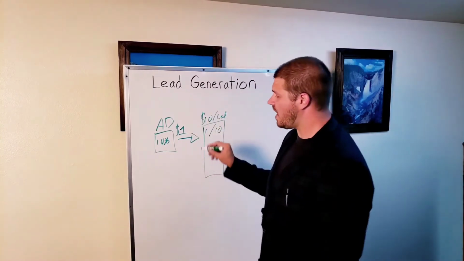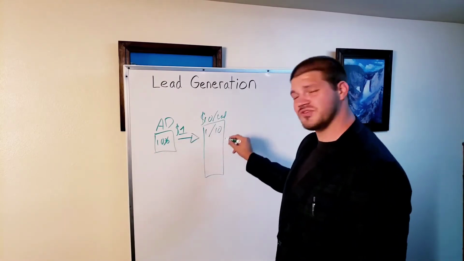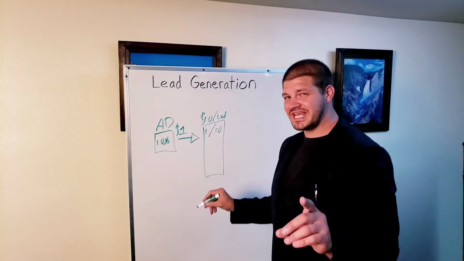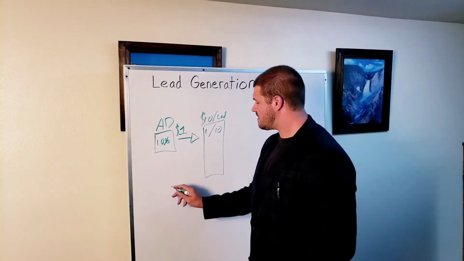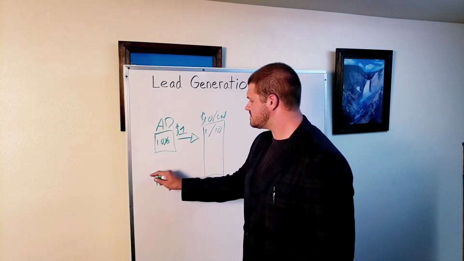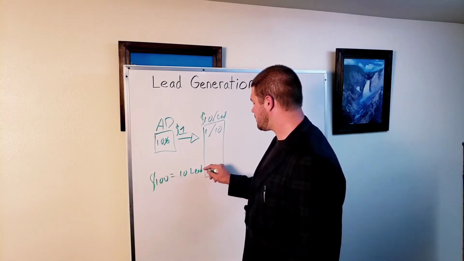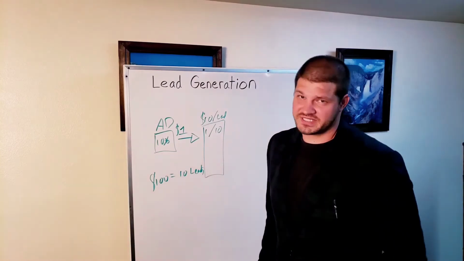So if we pay $100 to send 100 people to this lead capture page, we're only going to get 10 leads out of it, meaning that $100 equals 10 leads.